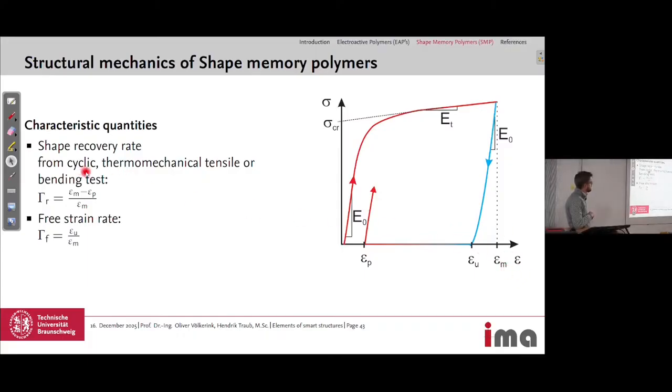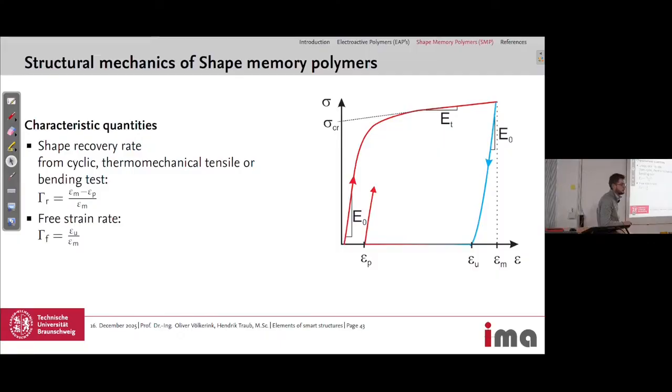This is the shape recovery rate, and the free strain rate is the quotient between this point, which is the stored shape, so to say, the temporary shape, and the shape we wanted to get. So this difference is then the free strain rate.